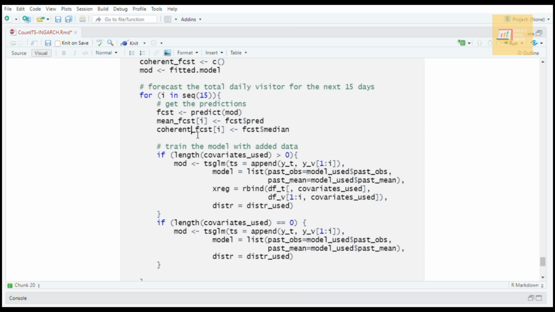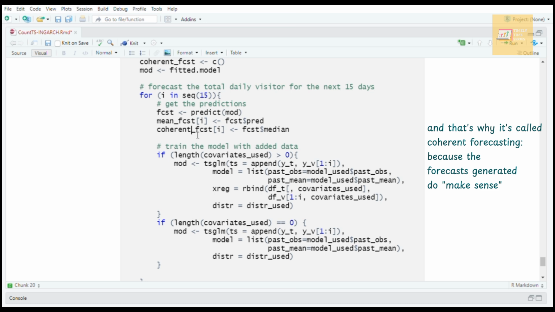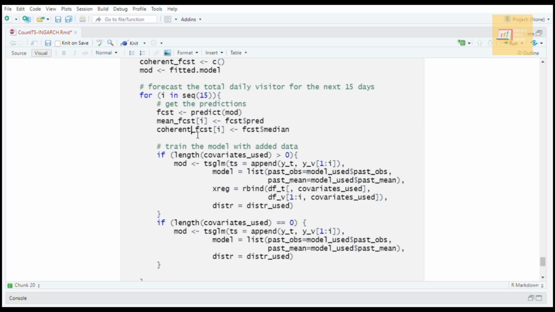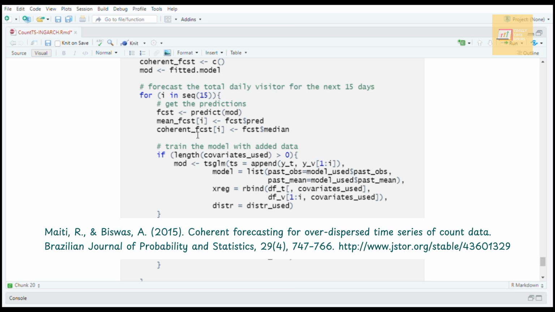Of course, we can round it to make it an integer, but we can just use the median of our forecast distribution and take it as our forecasted value. Furthermore, the median of the forecast distribution is the value which minimizes the mean absolute error.